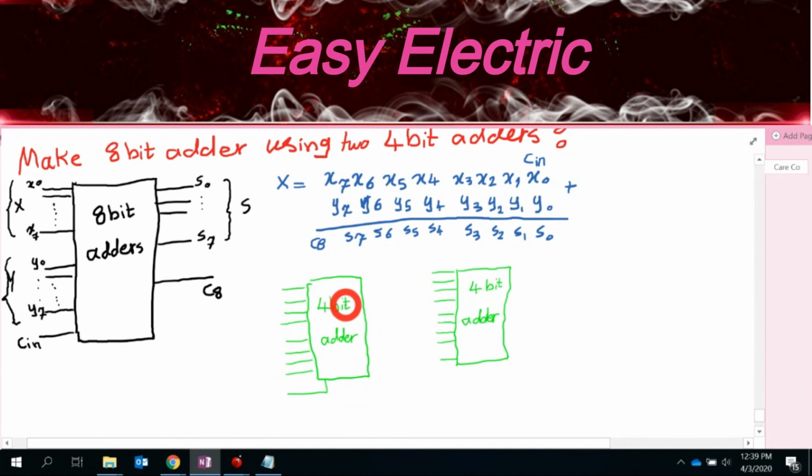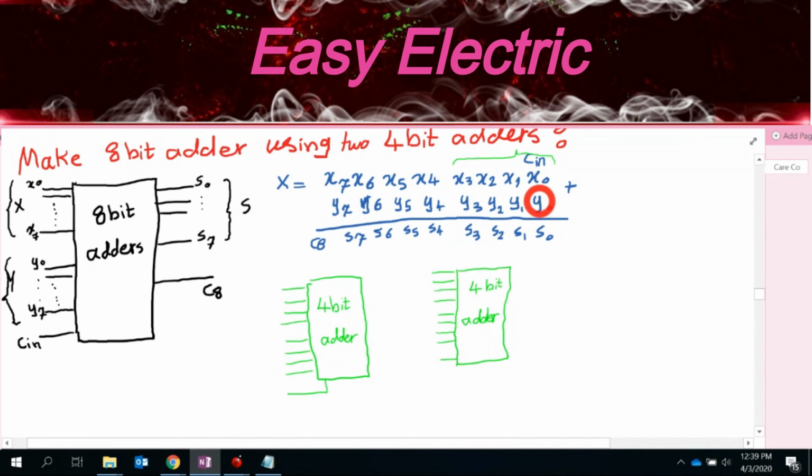So first, I want to use these two and be able to design this. So let's just take a look at this. Whenever you want to add these two numbers, I just have a 4-bit adder. I'm able to add two numbers with 4 bits. Could I actually consider these first? Could I say, okay, let's first add x0 to x3 with y0 to y3?